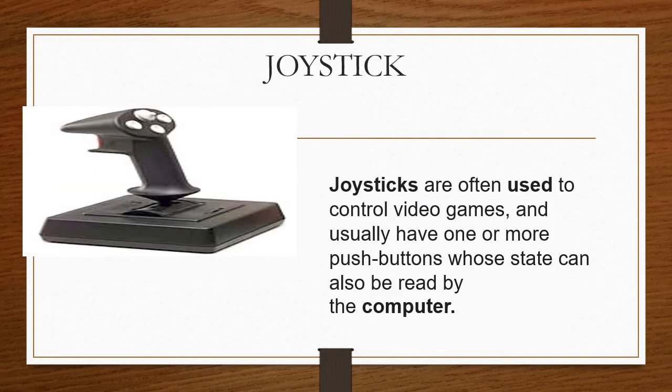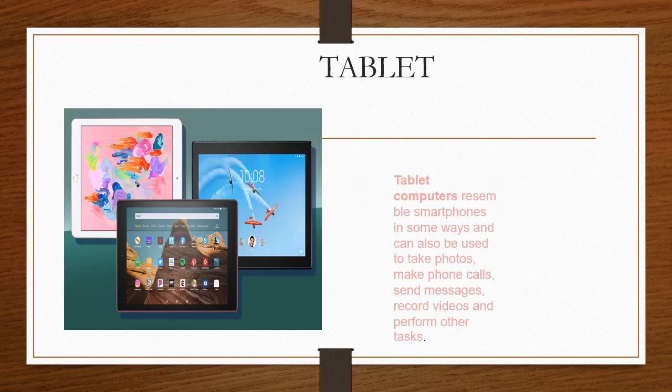The next one is joystick. This is also an input device because you people mostly know about it. While you are playing, you use this kind of joystick in PlayStation or in the video games. The next one is tablet. We can call it shortly a tab.